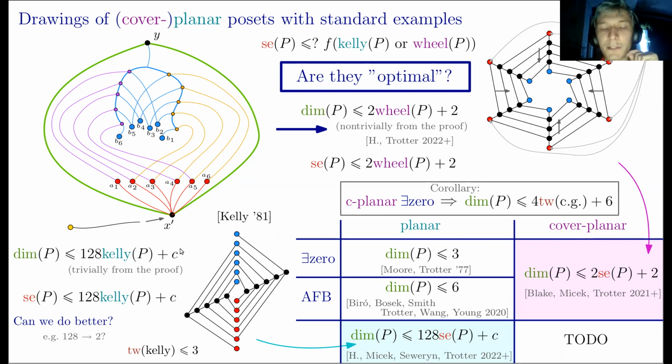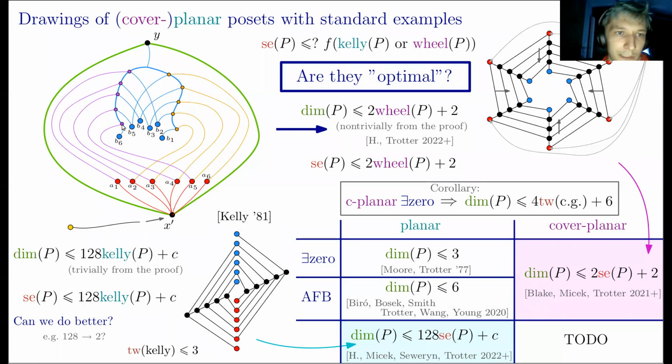It all works. So to finish up, let me show that this picture really contains the wheel. And it also turns out that it contains Kelly. So this wheel can also be replaced with Kelly, but this is not surprising because the wheel contains Kelly.